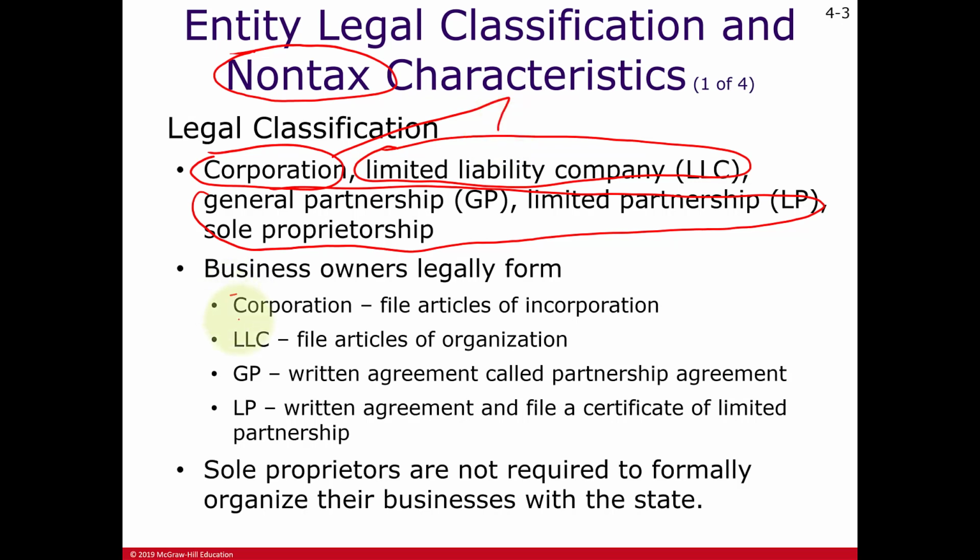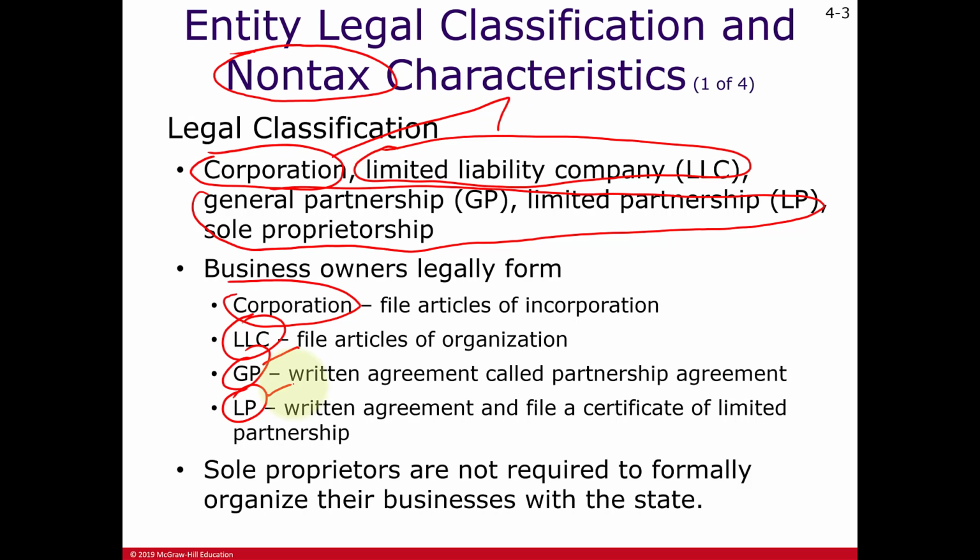So again, we have corporations, LLCs. The difference between a general and limited partner is that all the partners in a general partnership are liable for whatever business liabilities there are in the partnership. Whereas in the case of a limited partnership, by law, usually you need to have at least one of the partners be a general partner, and the rest of the partners in the LP can be limited partners.